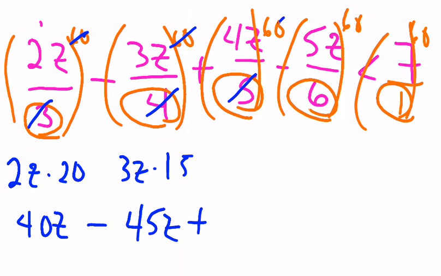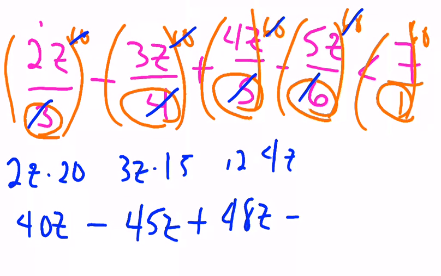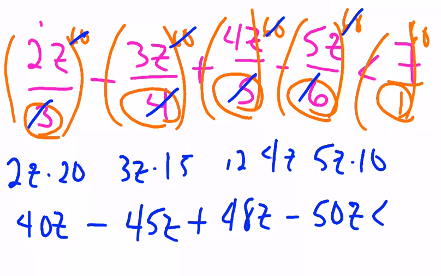Here 5 goes into 60 12 times, so we have 12 times 4z, and that gives us 48z. And then 6 goes into 60 10 times, so we have 5z times 10, which gives us 50z. And then 1 into 60, nothing happens, so 7 times 60 is 420.